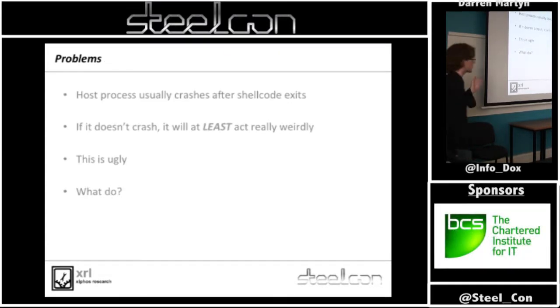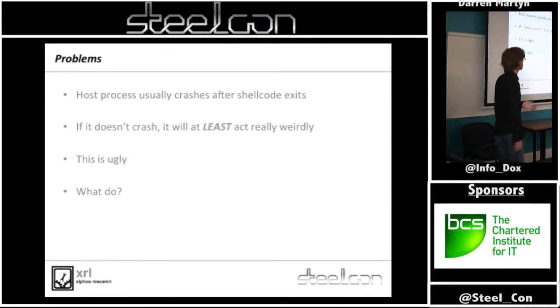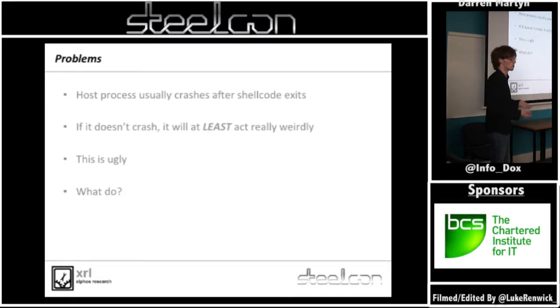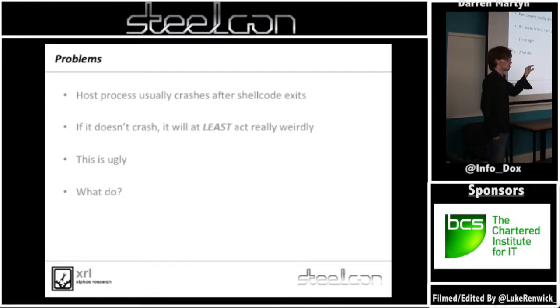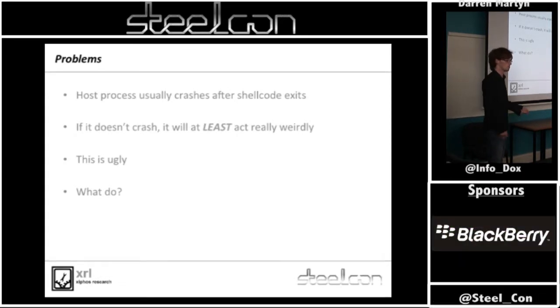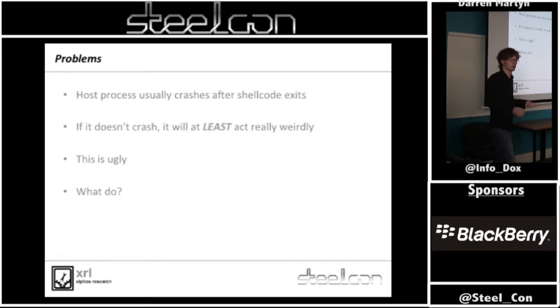So, problem. As you saw, the host process, the one we were injecting into, crashes. And if it doesn't crash, a couple of times it didn't, it just started acting really haywire. One time when I was testing it, it just started spawning bin sh, and I was like, what are you doing that for? Something went weird and wrong. It's hideous, it's ugly.